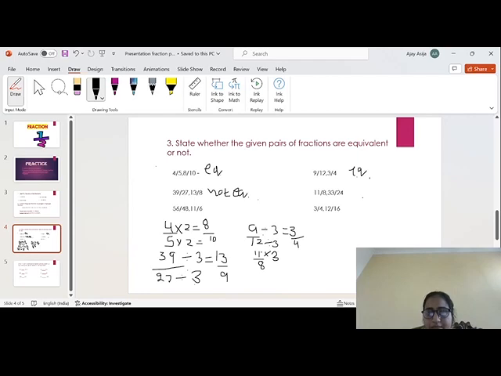So when 11 is multiplied by 3, we will get 33. Similar operation in the denominator. 8 multiplied by 3, we get 24. So 11 by 8 and 33 by 24 are equivalent.